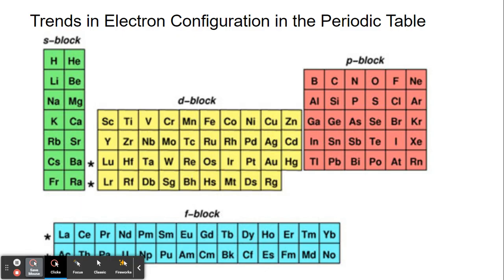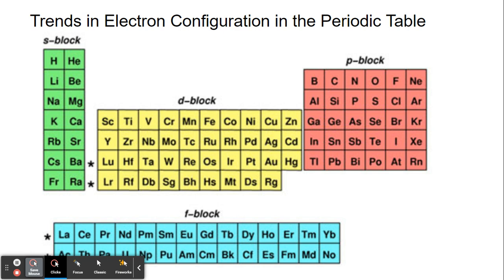And this periodic table on the next slide shows things blocked out a little more clearly. You can see that the first 2 groups of the periodic table are your S block. Then, over on the right-hand side, the last 6 elements in each period are in the P block.